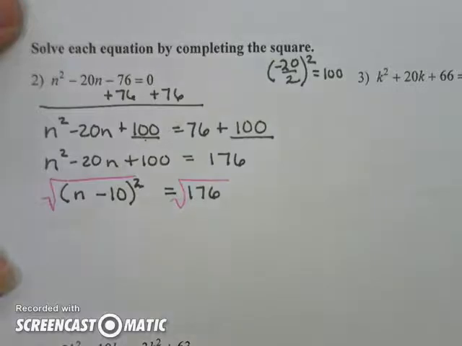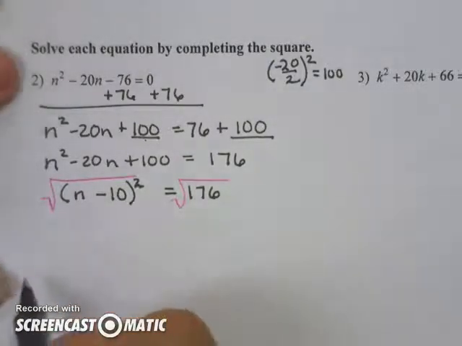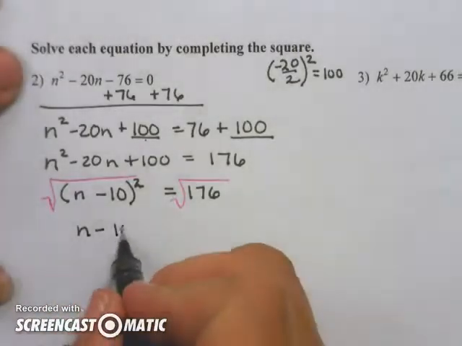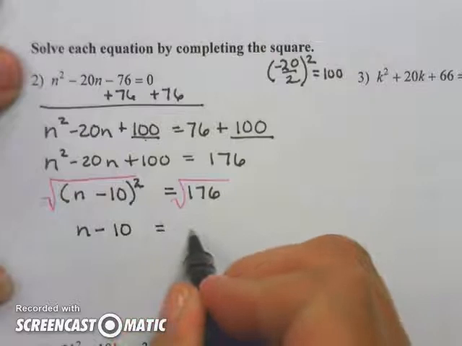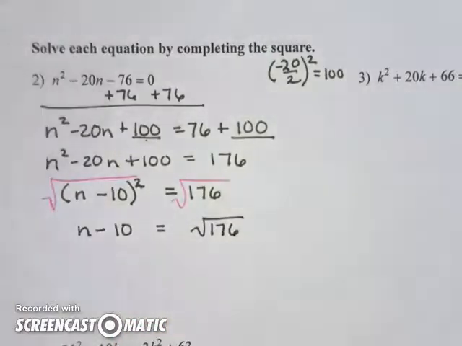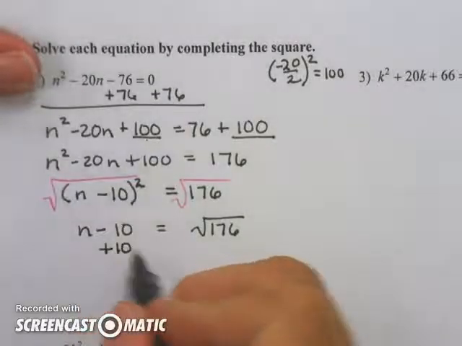As I square root this, these two operations, being reciprocal operations, will cancel each other out. So I have n minus 10 is equal to the square root of 176. Well, my n is almost isolated. I just need to get rid of my minus 10. So the reciprocal operation would be to add 10.